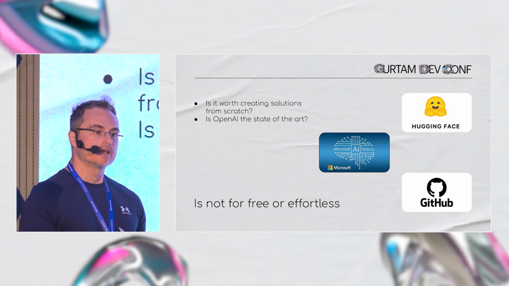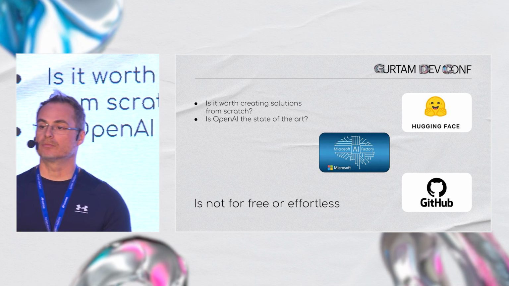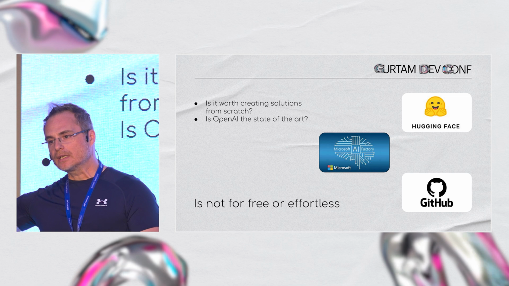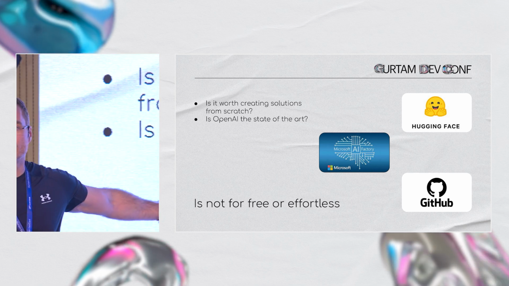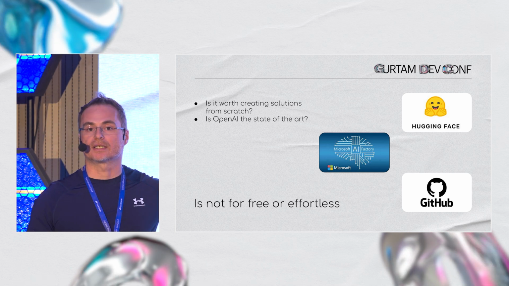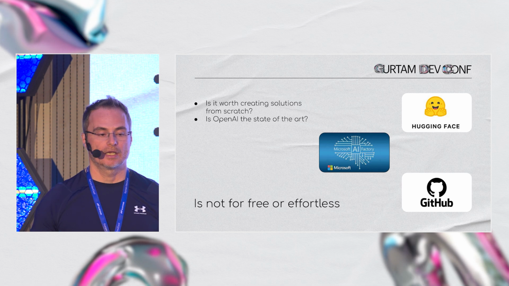But why should I start creating my own large language models, setting the budget aside? Because there is OpenAI today. It's the state of the art. It can do everything. It's perfect, and so on.